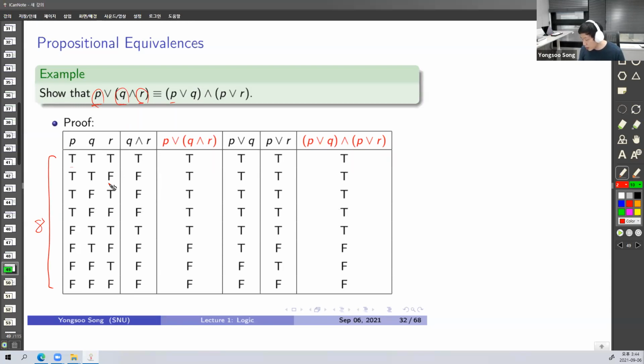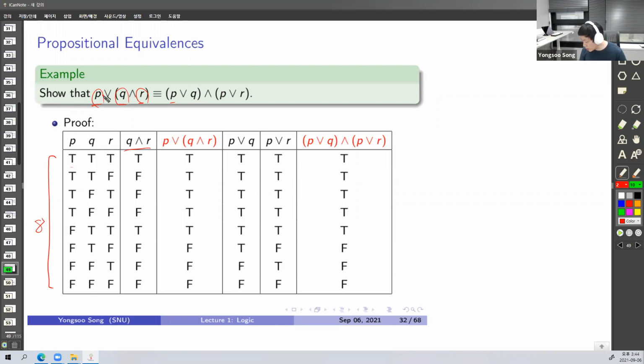Based on the truth values of P, Q, and R, you can just fill in the rest of the truth table. For example, when you compute the truth value of Q and R, you can ignore the first column, and use the second and third columns to compute this AND operation, and so on.